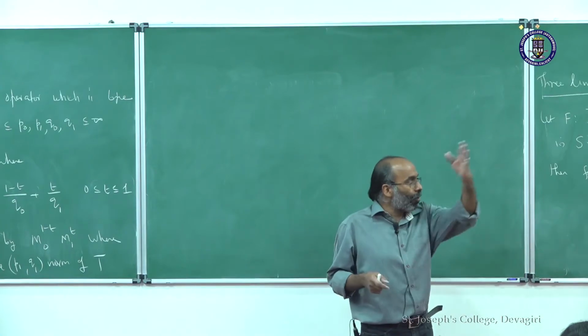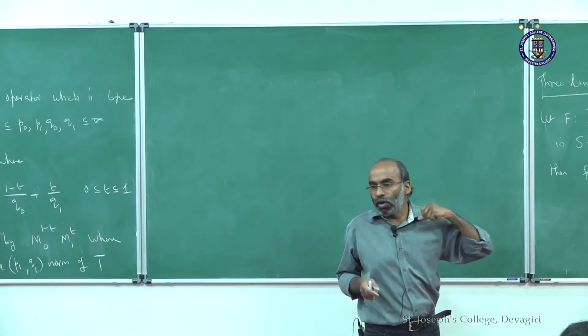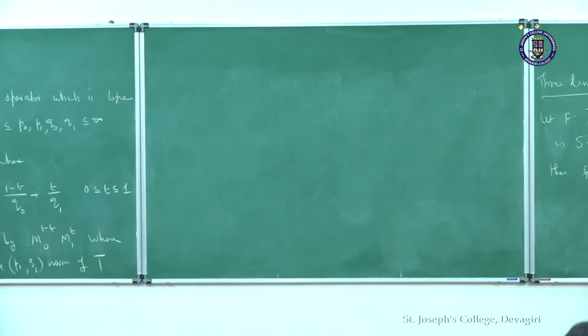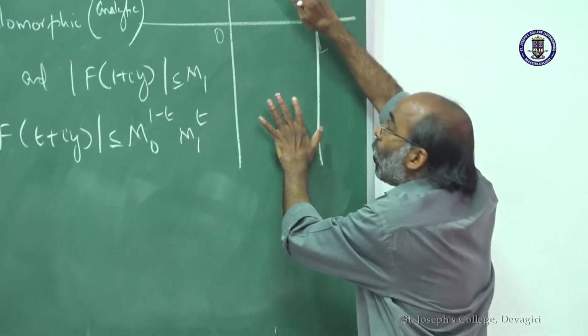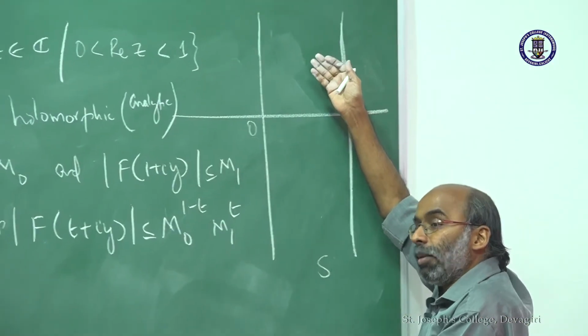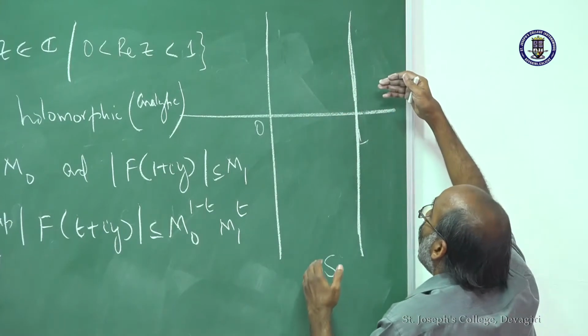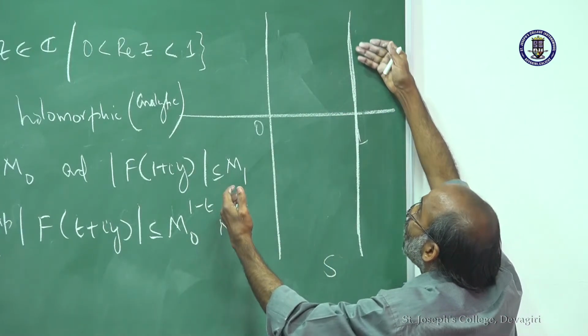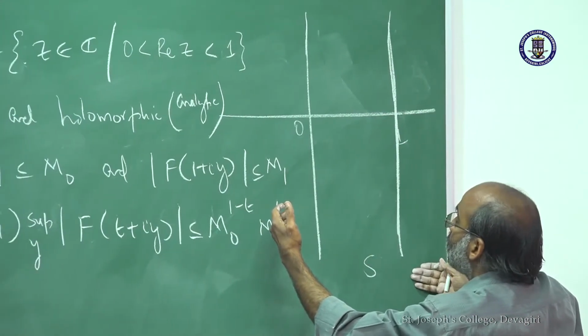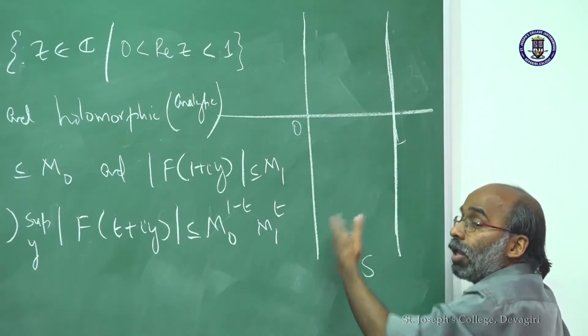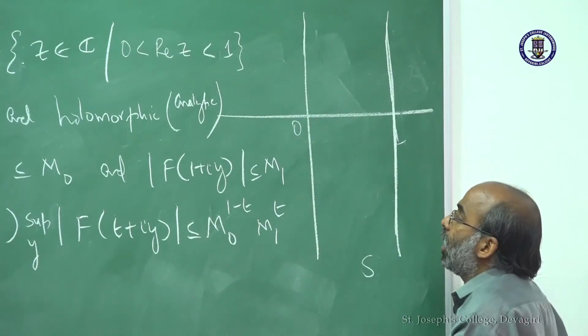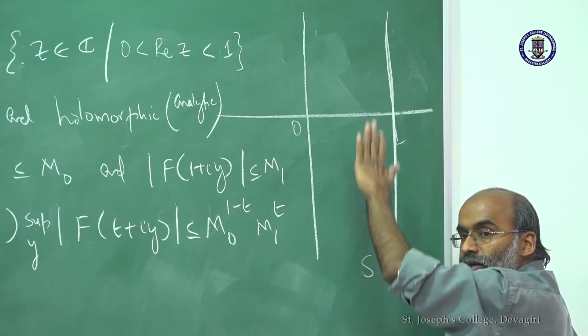If it is bounded by 1 on the boundary, it is bounded by 1 inside. This says exactly that. Now I have an unbounded domain, so I can't apply maximum modulus directly, but it still says if I know the bound of the function on this line and this line, which is the boundary of the strip, then I can say something about the function value inside.